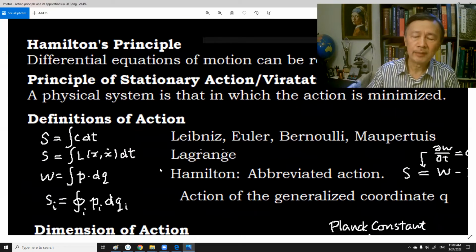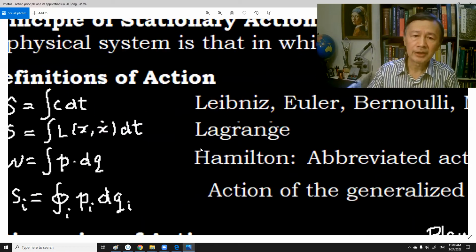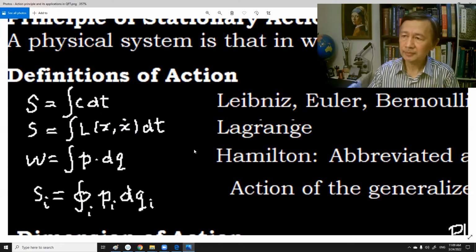So these are some of the forms of action you can find. Actually, the action idea was first discussed in the context of how to describe the path of light. We know light traveling in a vacuum always goes along a straight line.